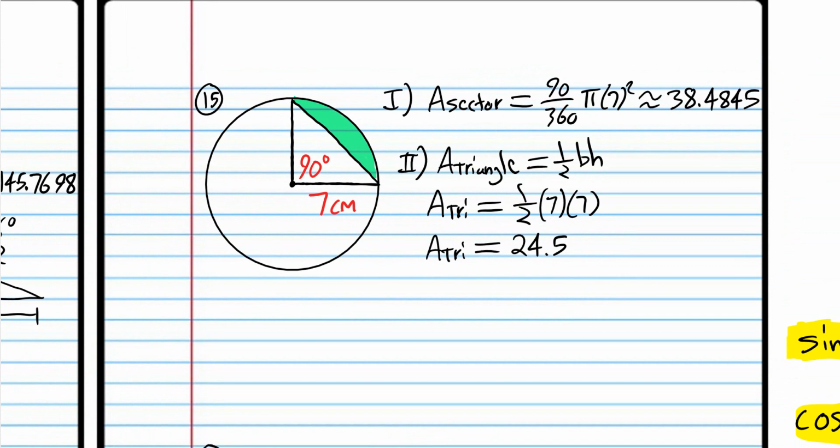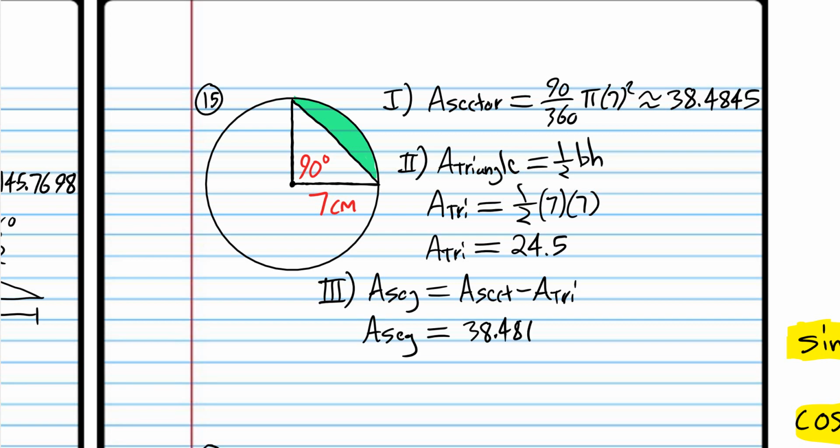So now we're ready to combine all that. Area of the segment is equal to the area of the sector minus the area of the triangle. Area of the sector is 38.4845. Area of the triangle is 24.5, and this has to be an approximately equal sign.